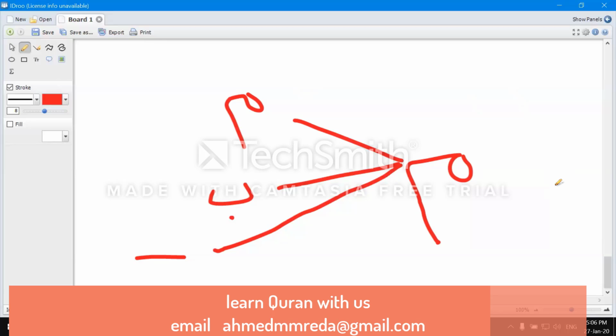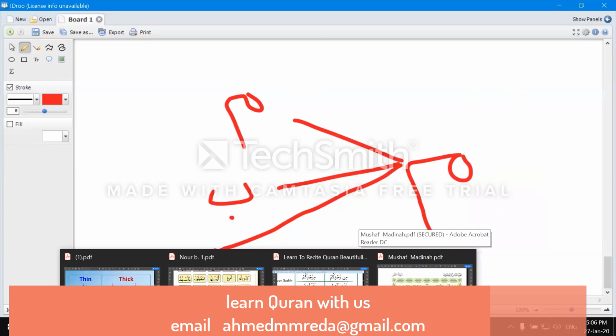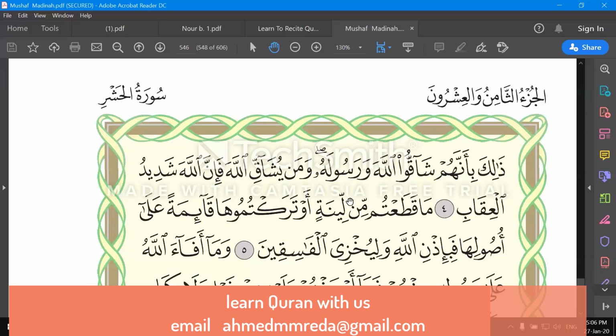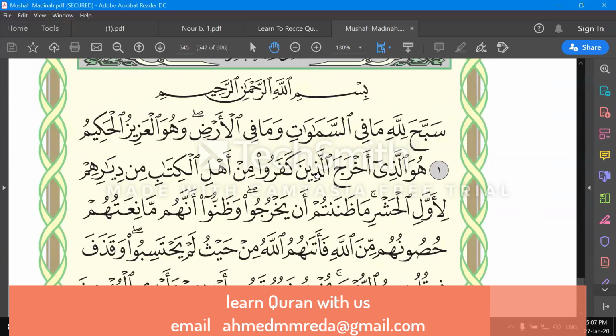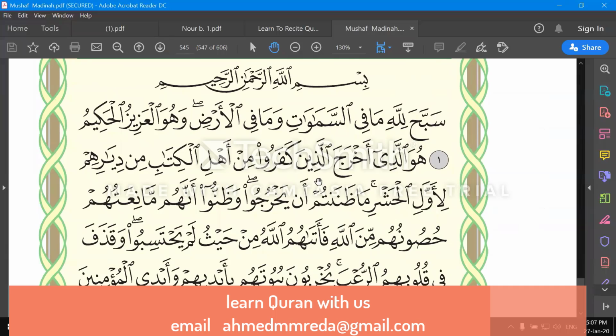If meem sakin is followed by ba, then we have ikhfa shafawi, and we have to merge meem and ba to have ghunna for 2 counts. If meem sakin is followed by any letter other than meem or ba, then we have izhar shafawi, which means to pronounce meem clearly with no ghunna. أحسنتي يا منال ما شاء الله.